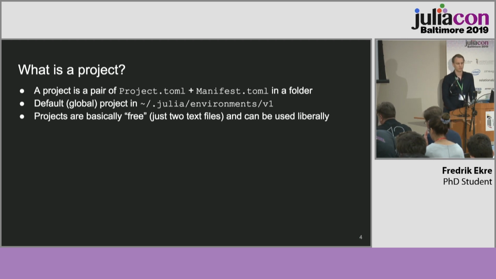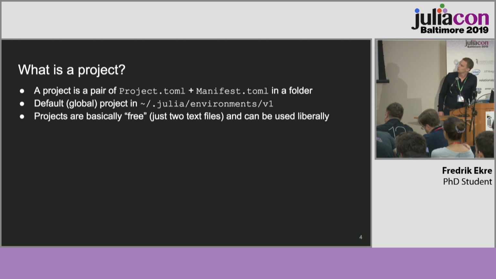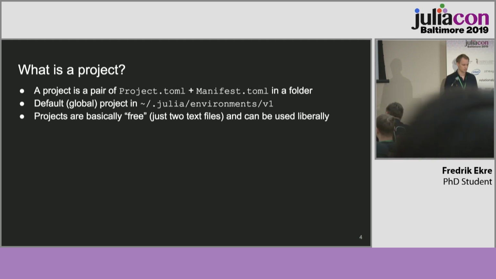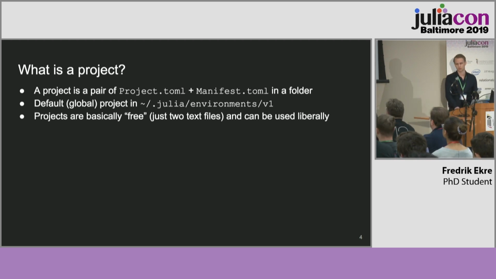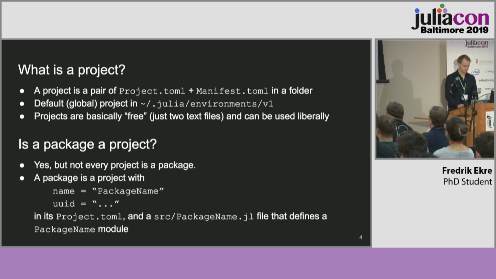By default, if you haven't explicitly worked with environments yourself, then you are using the global default one, which is located in your home directory in the .julia directory under environments, which is basically what you modify when you add a package from the repo. So projects are basically free, it's just two files. So you can use them liberally. It doesn't really matter.